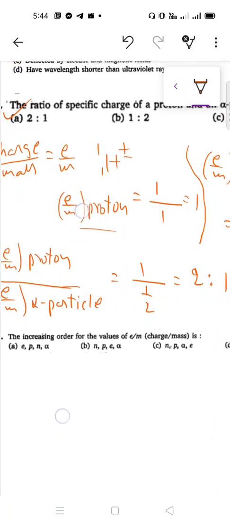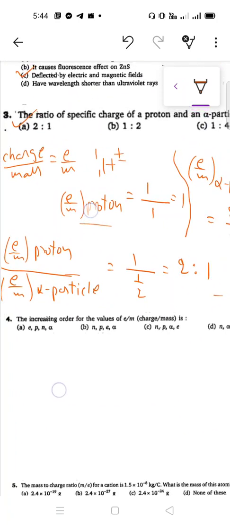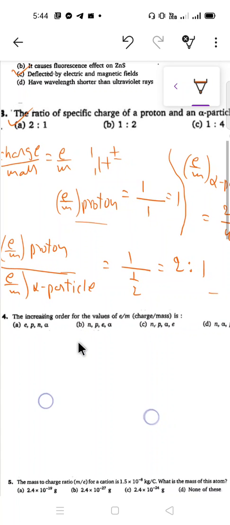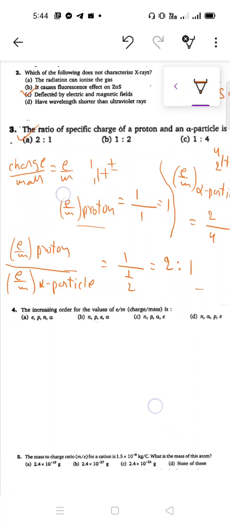Increasing order for values of E by M, charge by mass, is. They ask you increasing order for this type of particles.